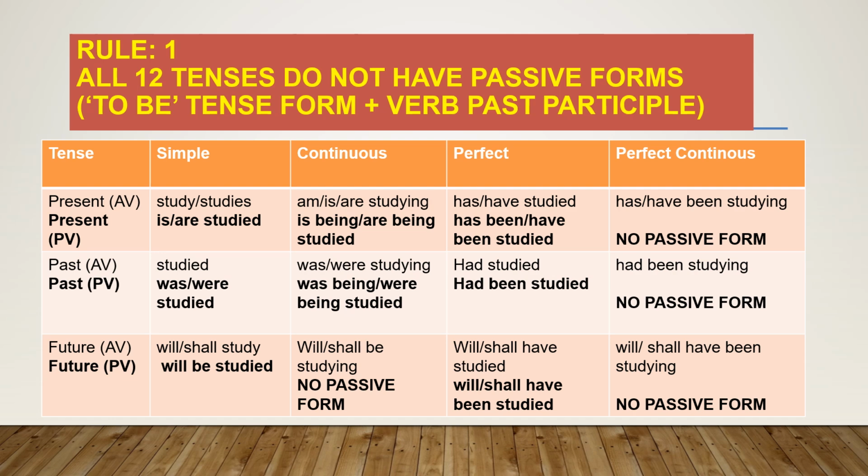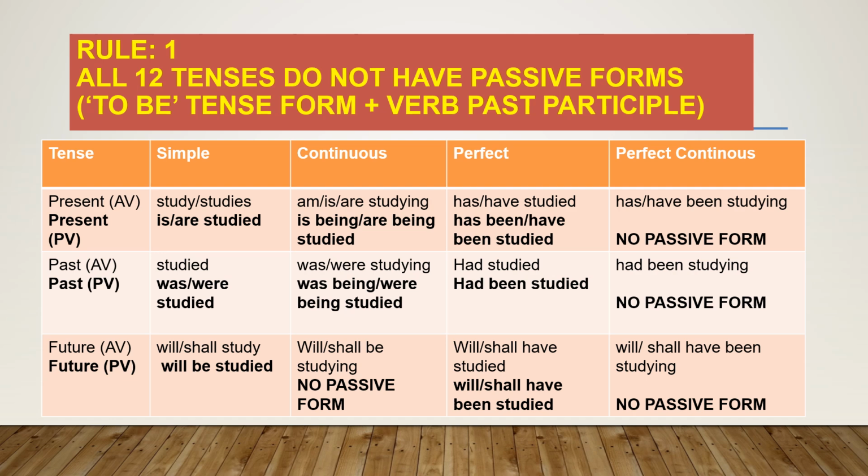Now we move to the perfect. All the three perfect tenses have the passive form. Has or have studied becomes has been or have been studied. Had studied becomes had been studied. Remember the rule, the tense is to be. So perfect tense is has, the past participle of be is been, and then again the past participle of the main verb.